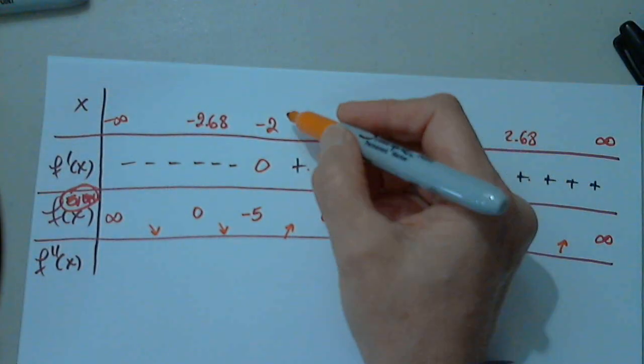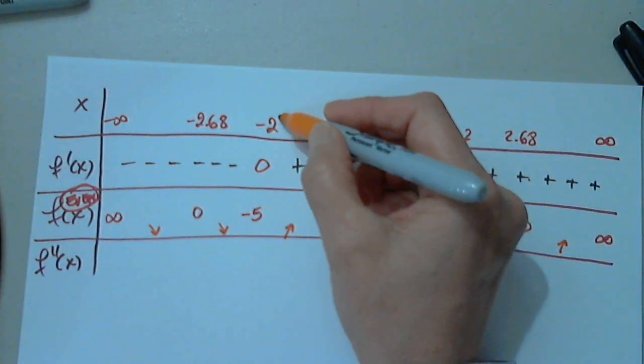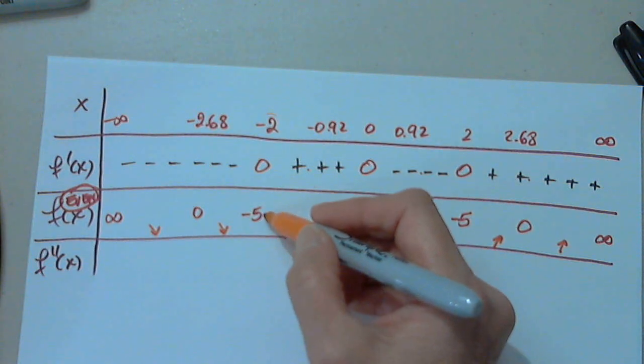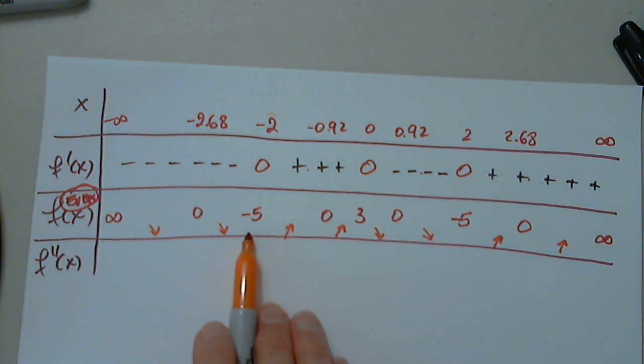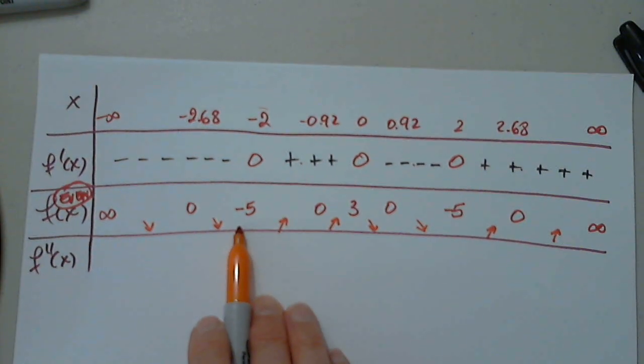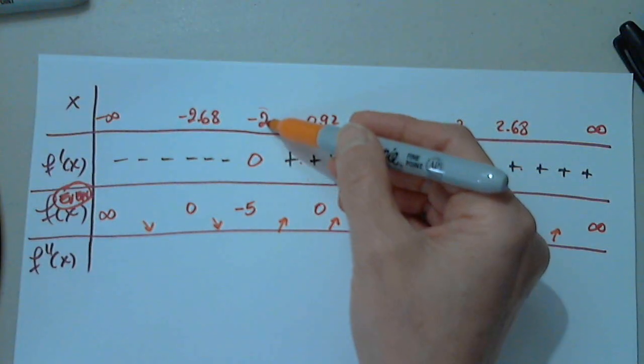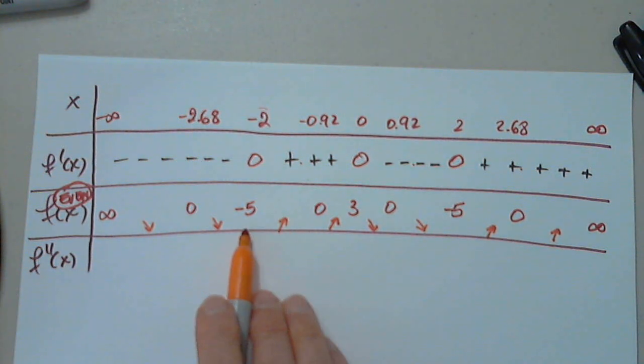So now, can anyone tell us -2, -5, what type of point is this? It's okay if you're wrong. What do you think?